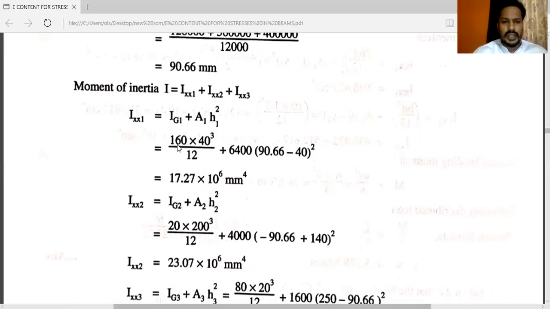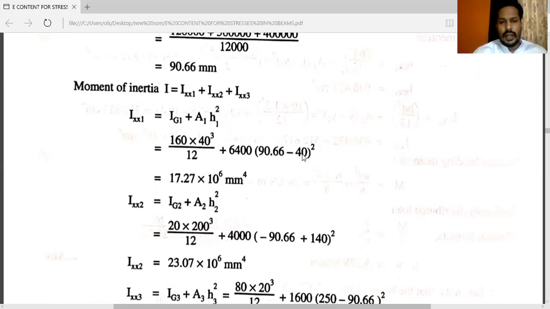So for the first rectangle, base is 160, height is 40. So 160 into 40 cube by 12 plus A1, we have the value of area 1, and H1 is nothing but the distance between y bar and y. The y bar we already have, that is 90.66 minus 40.